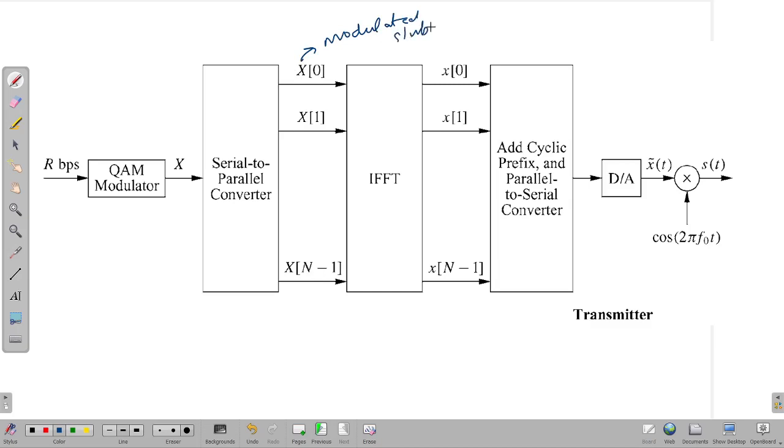And you do an IFFT in order to get the time domain equivalent samples, and add cyclic prefix. We'll talk about cyclic prefix later.